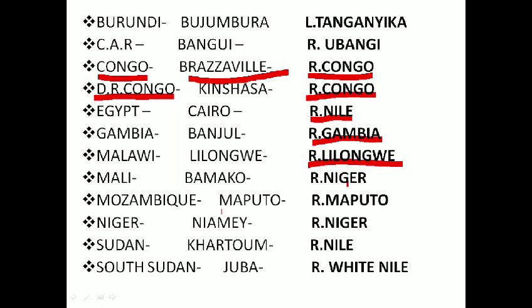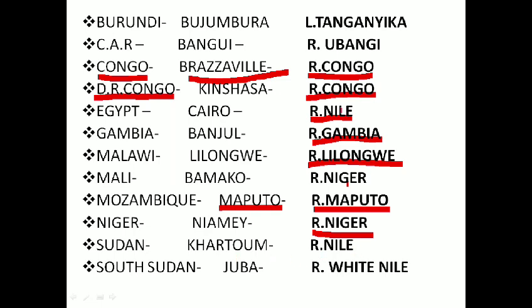Mozambique, capital city name and the river on which it is located are the same, Maputo river and Maputo the capital. Niger capital is Niamey. So Niamey is also located on river Niger. So here we have river Niger also connecting two capital cities, Bamako and Niamey. Whereas Sudan's capital Khartoum is located on the bank of river Nile.